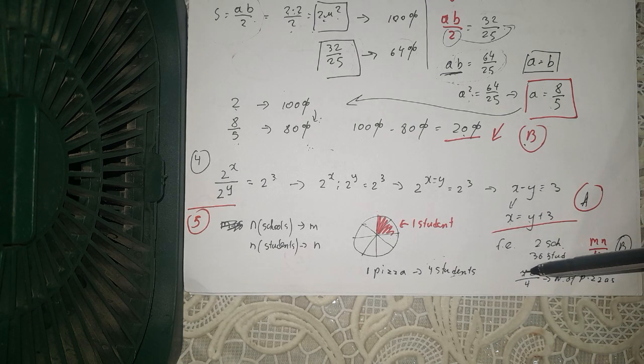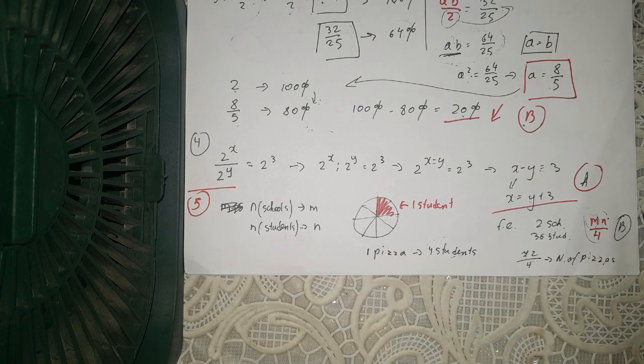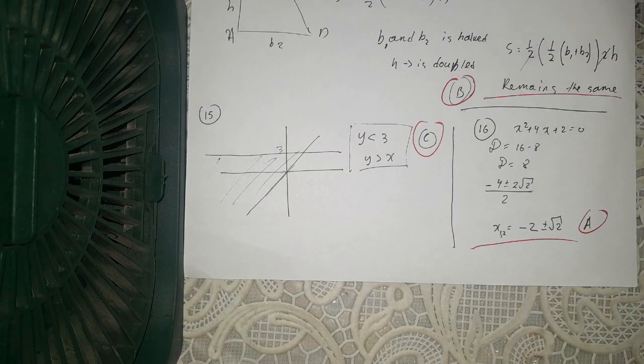If we divide 72 by 4, this is the number of pizzas, which means that if we multiply the number of students from each school and divide by 4, we can find the number of pizzas. The correct answer is B.